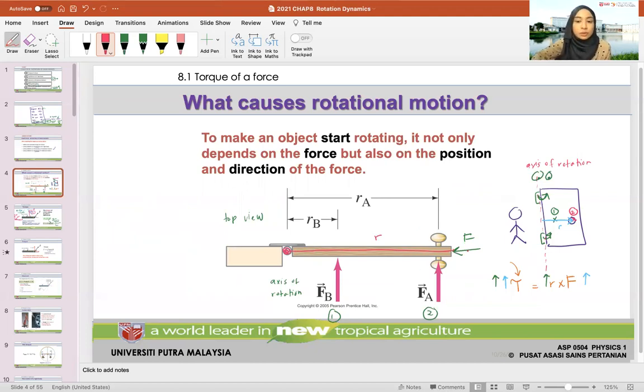Does this contribute to rotational motion? Can we push a door dekat hujung macam tu? No. Will it move? No. Have you guys tried it? Confirm ke tak gerak? Kita nak cuba ke?